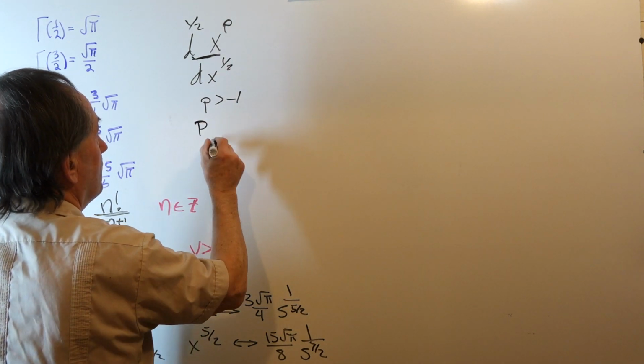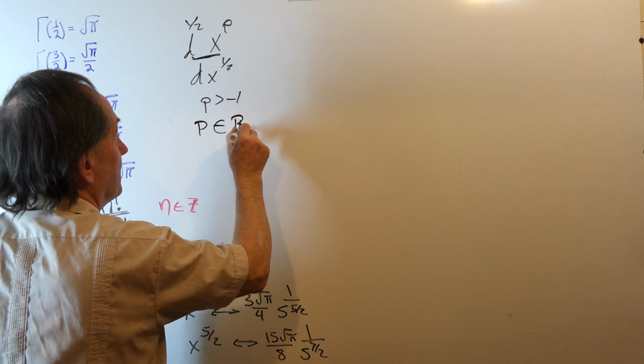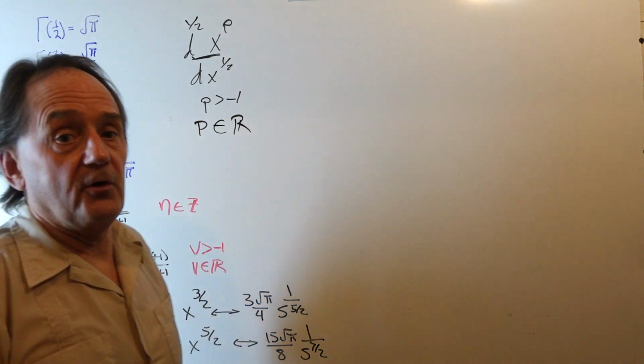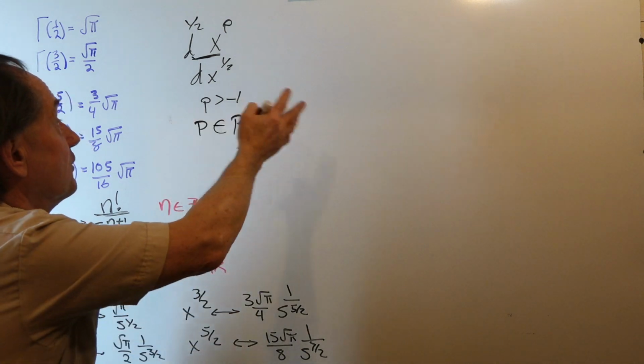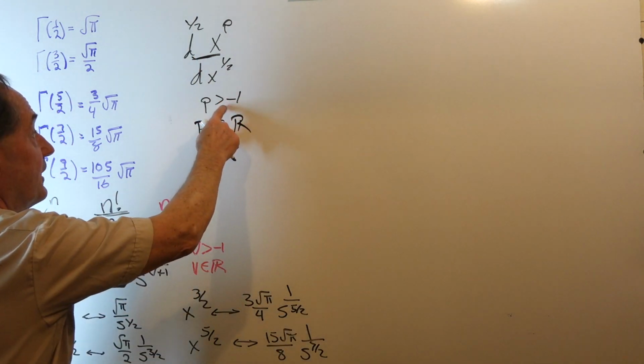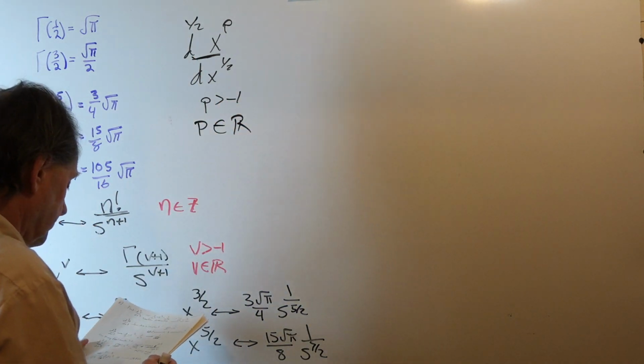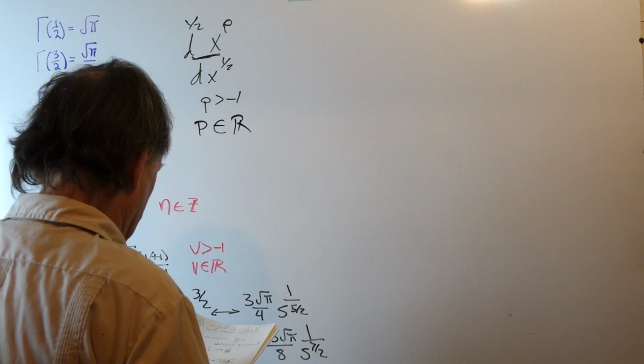And p will be in the real number system. So p could be a third, it could be pi, it could be any real number, as long as it's greater than minus 1. And you'll see why that's true here.